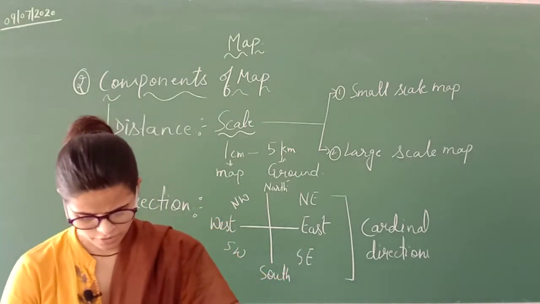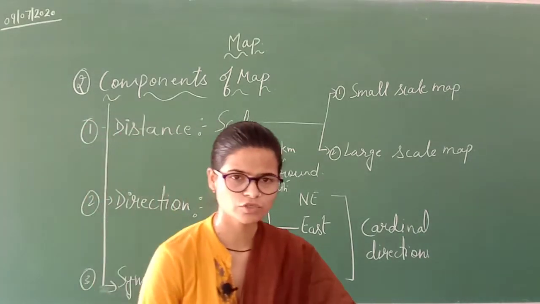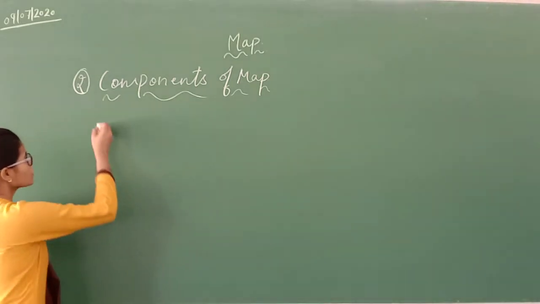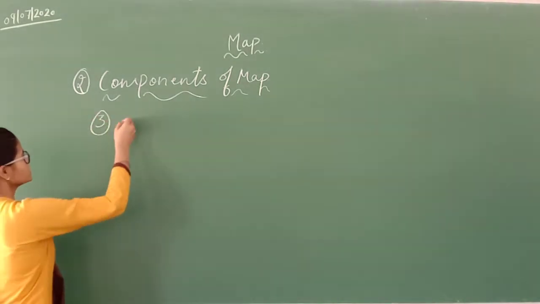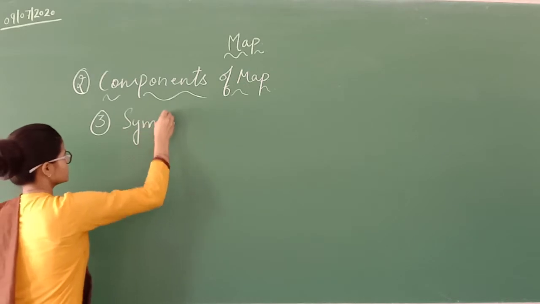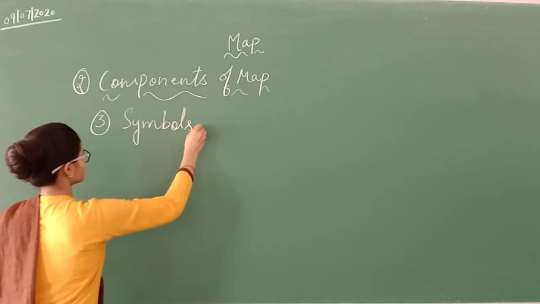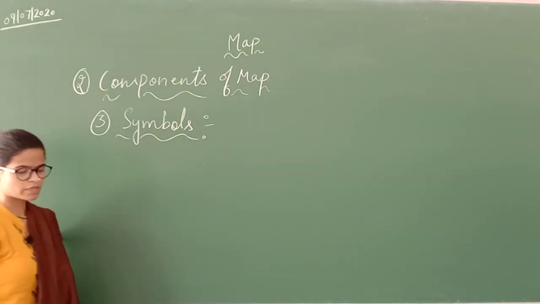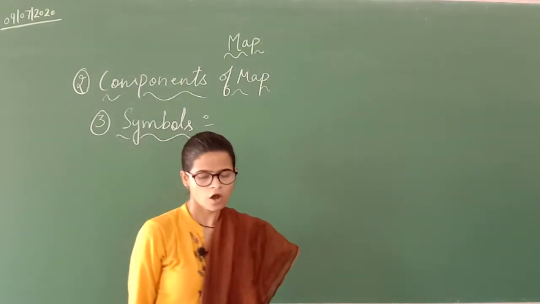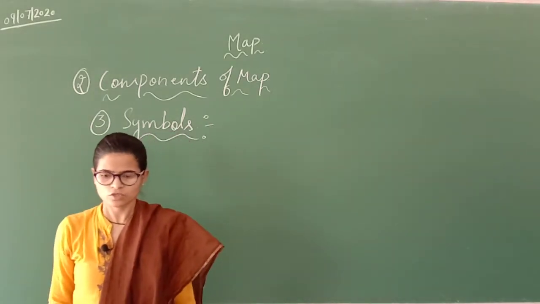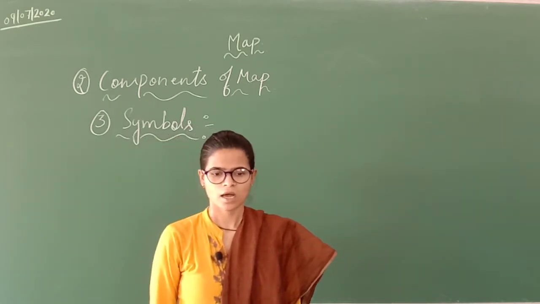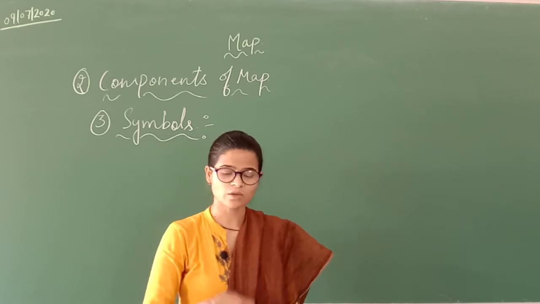Now the third topic is symbols. If you have seen a map or a globe, you will have seen different symbols showing what things are at what place.